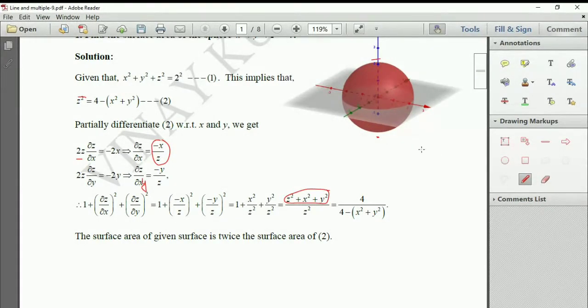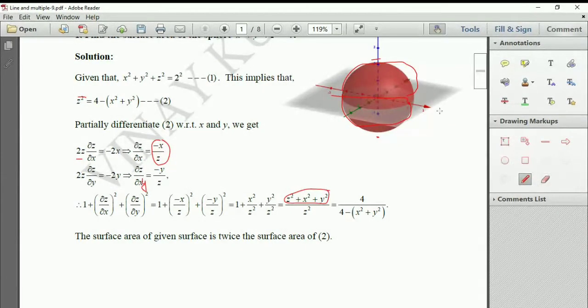Let's do one thing. Let us split this sphere into two halves, one above 0 for z and the other below 0 for z. Since the radius is the same, this surface area is the same as this surface area.